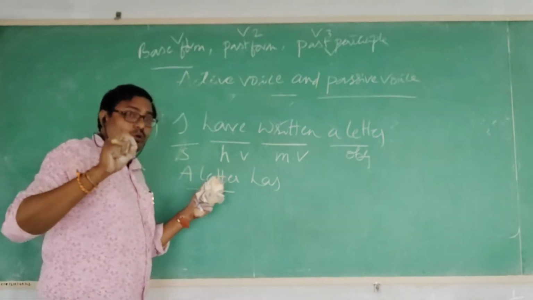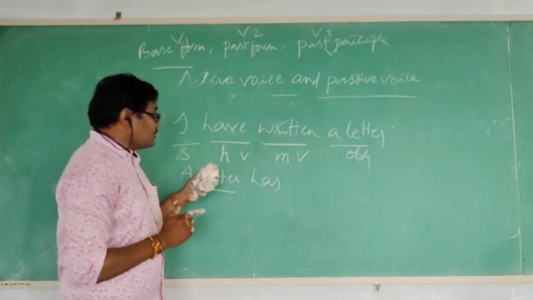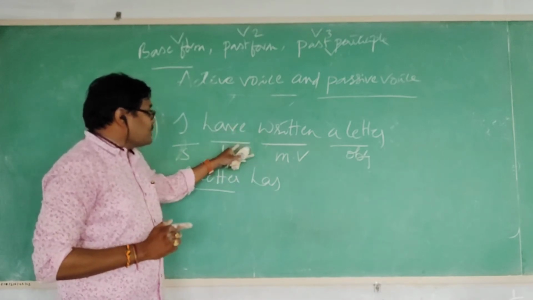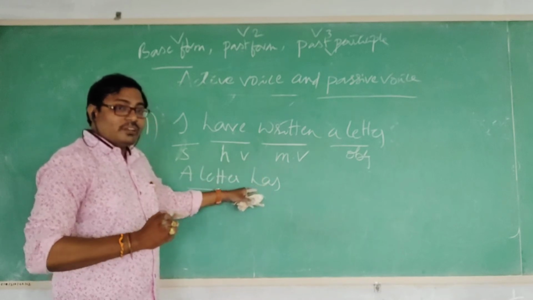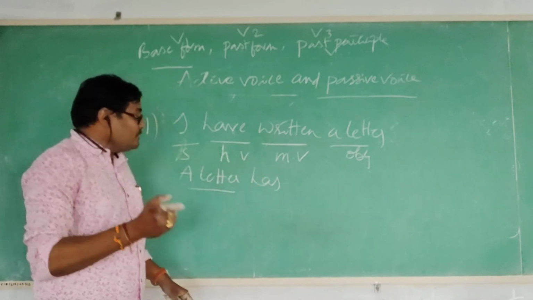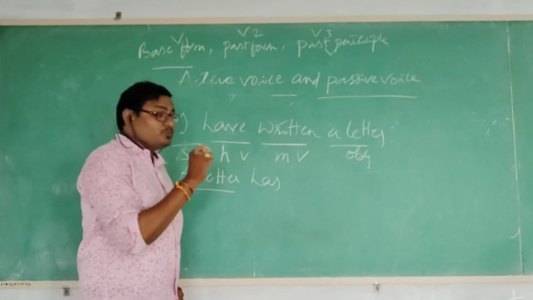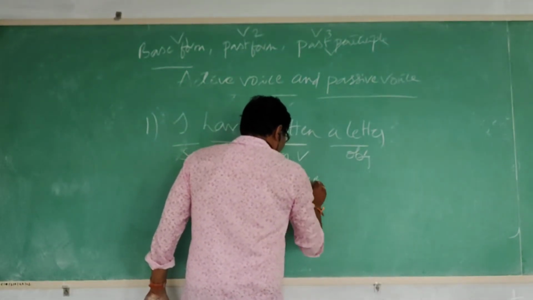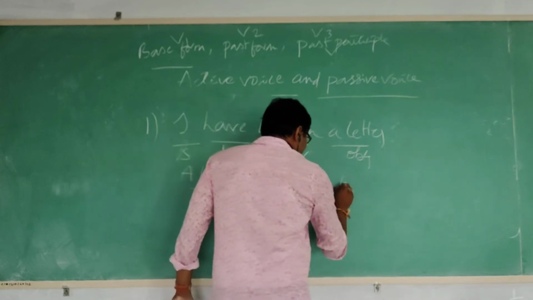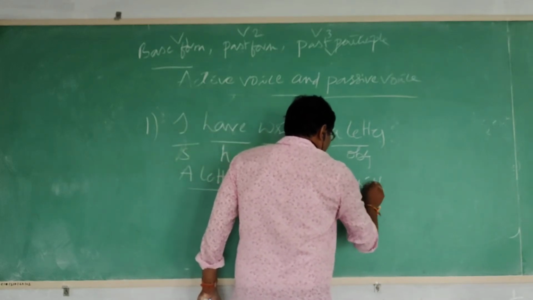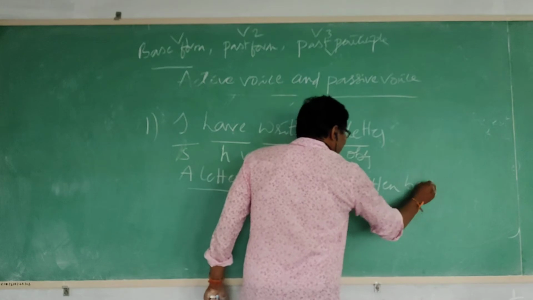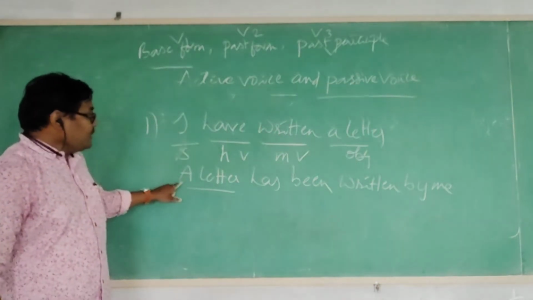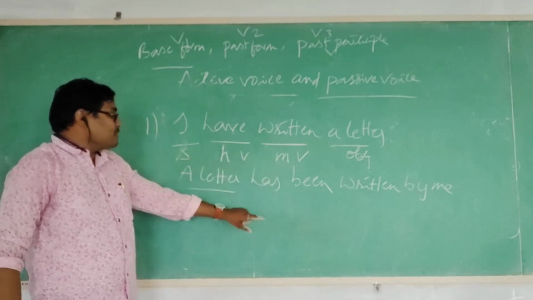We have to note another thing in this sentence. Since we can see have written, we can write been in this sentence. Been should be followed by has. A letter has been written by me.